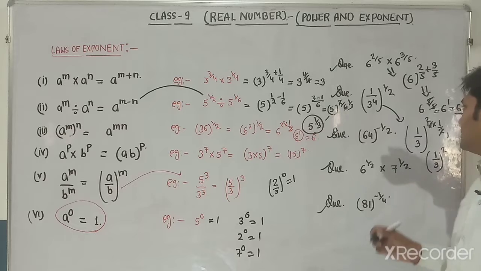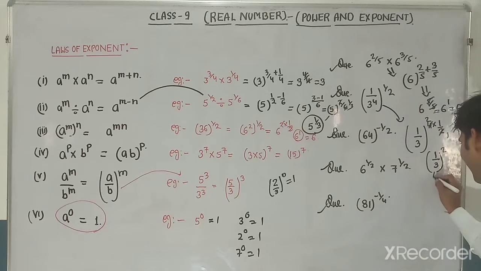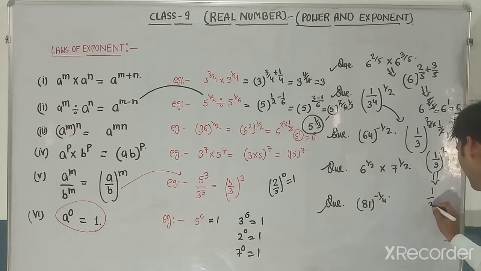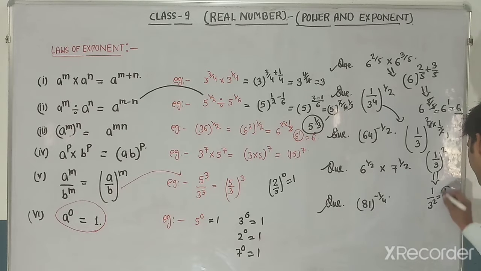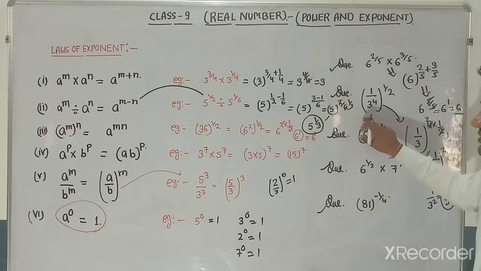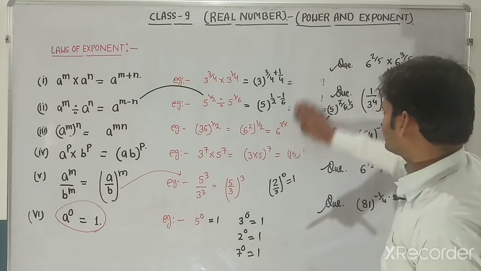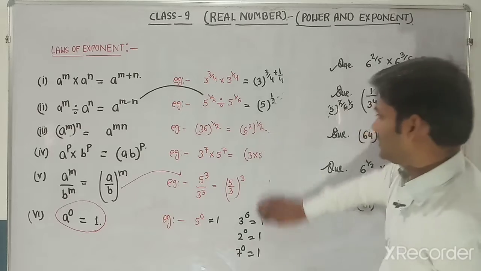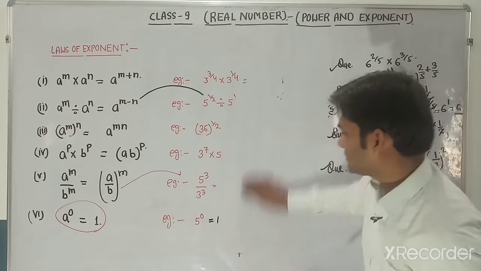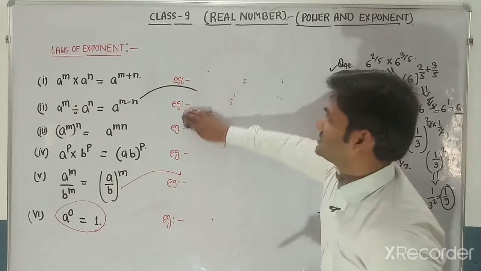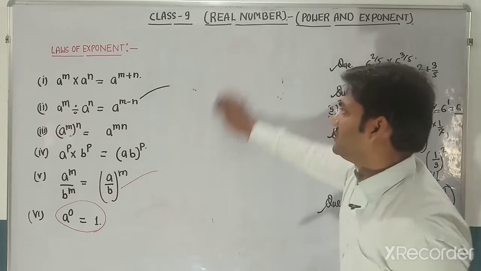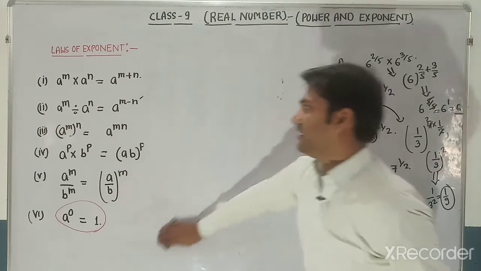That means you can directly write the answer as 1 upon 3 to power 2. 3 to power 2 you can write as 9, so it is 1 upon 9. It is the answer to the second question. Then how do we solve the other questions? These are examples, and the other questions also follow this pattern and law.